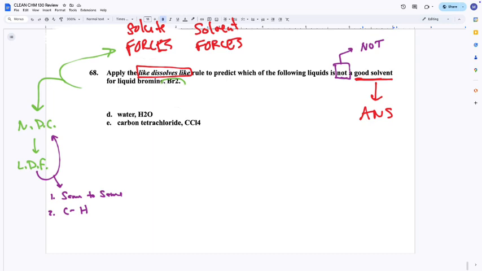If I'm trying to find the most unlike, what is the most unlike force to London dispersion? Our strongest force, we already got rid of ionic. What's the strongest force between hydrogen bonding and dipole-dipole? Hydrogen bonding.